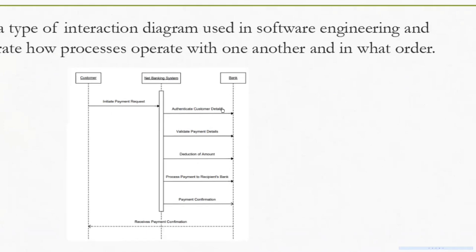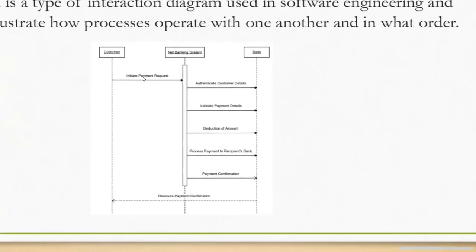the customer and net banking services. The customer initiates the request for the net banking services. The net banking services authenticate the customer details with the bank. If okay, then it processes the payment, and he receives the payment confirmation.